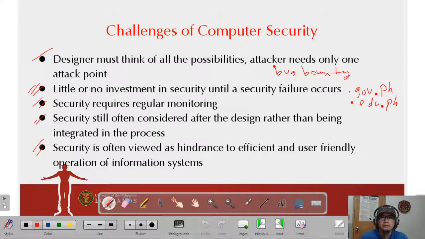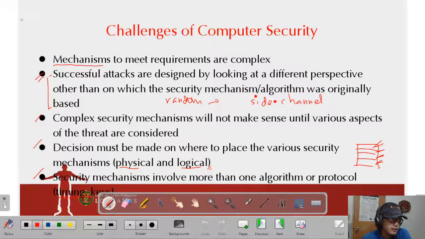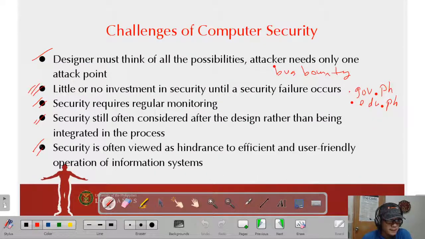So the goal of ComSci 191 actually is to help you with these challenges, to make you understand these challenges, and then somehow incorporate these concepts in your practices as computing professionals in the future so that you will not regret being hacked or your systems being compromised.